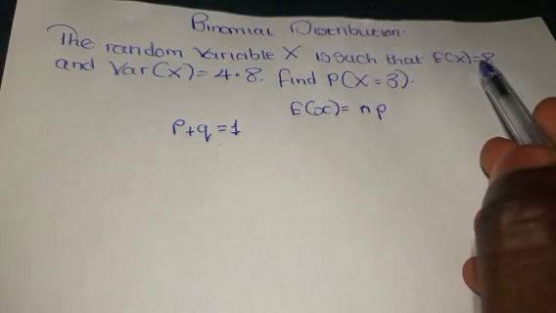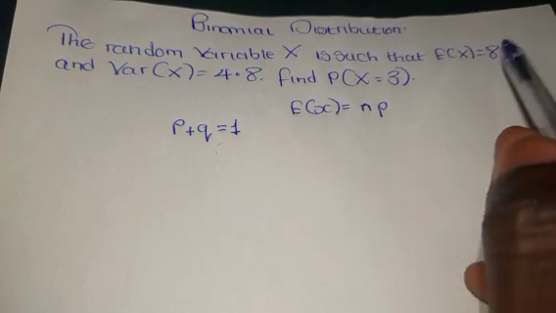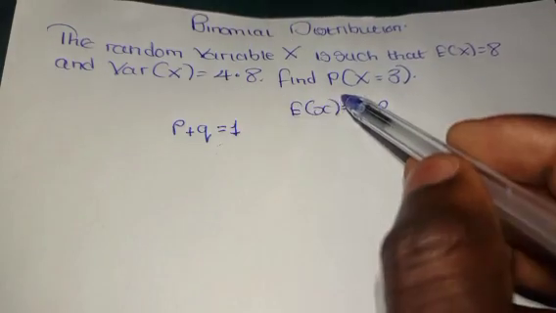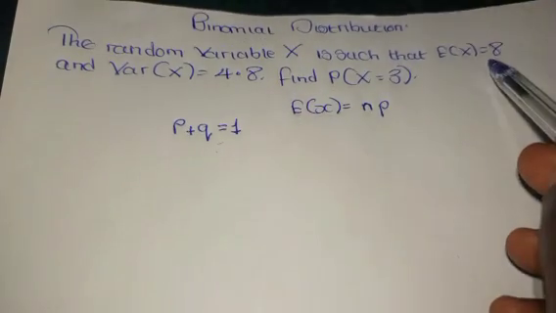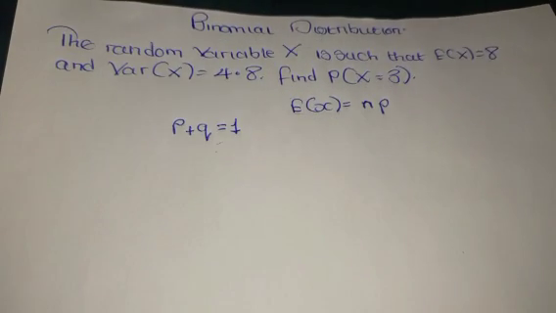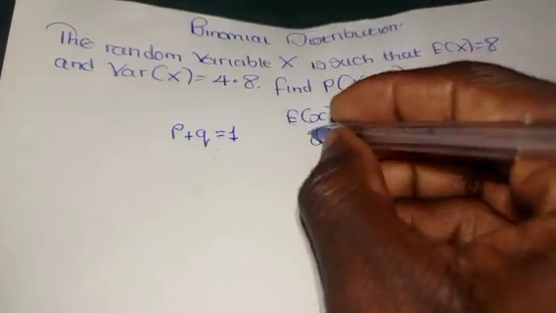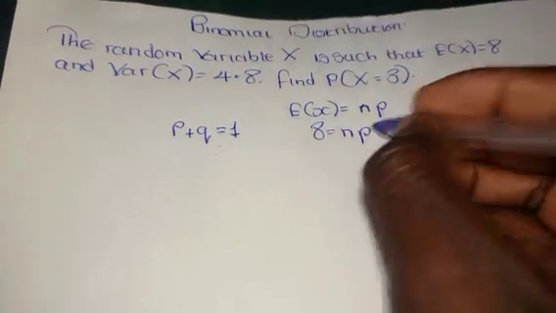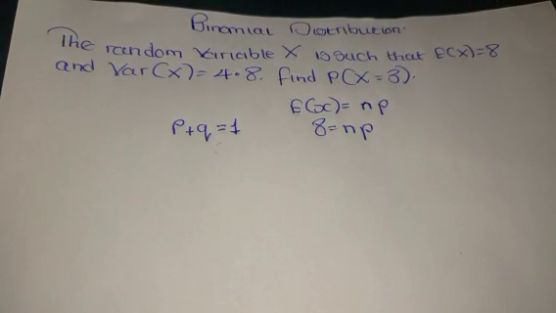Why? Because equal to in mathematics simply means the same, meaning where there is the expected value of x, we can put 8. So 8 is equal to n times p.